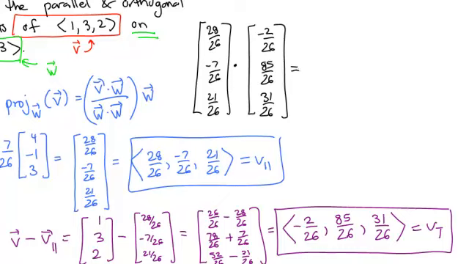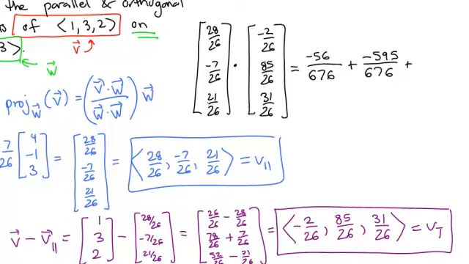Multiplying across the top, we'll take 28/26 times negative 2/26. So multiplying the numerators, 28 times negative 2 would be negative 56. 26 times 26 is 676. Next, we'll add the next two products. Negative 7/26 times 85/26. Now negative 7 times 85 is negative 595. 26 times 26 is 676.